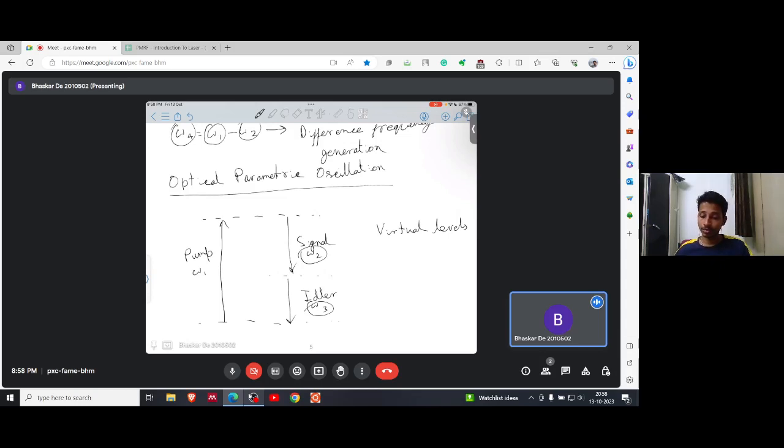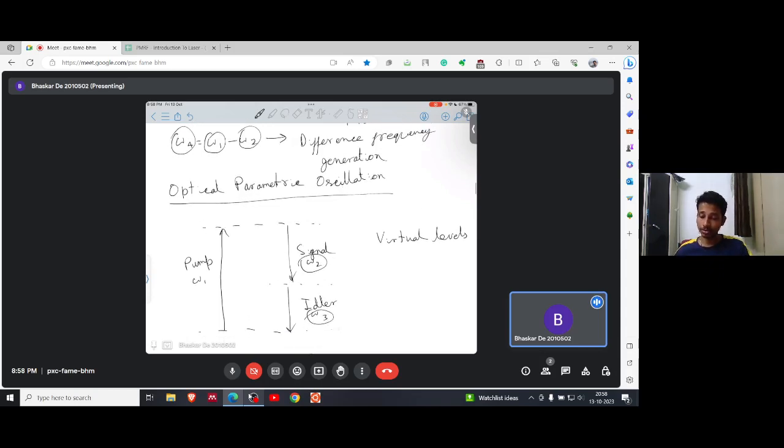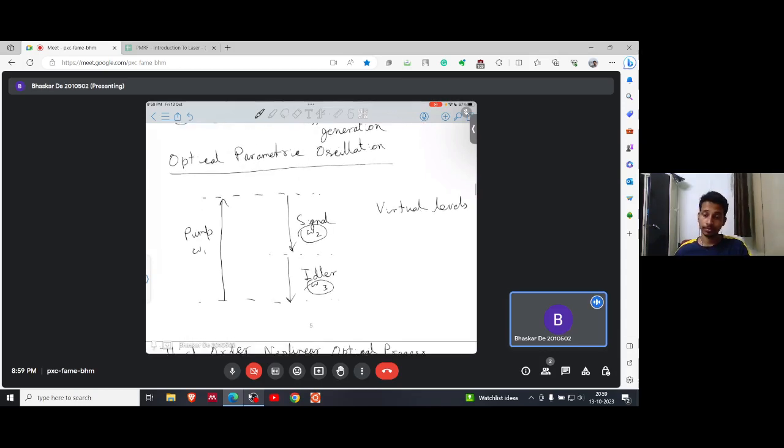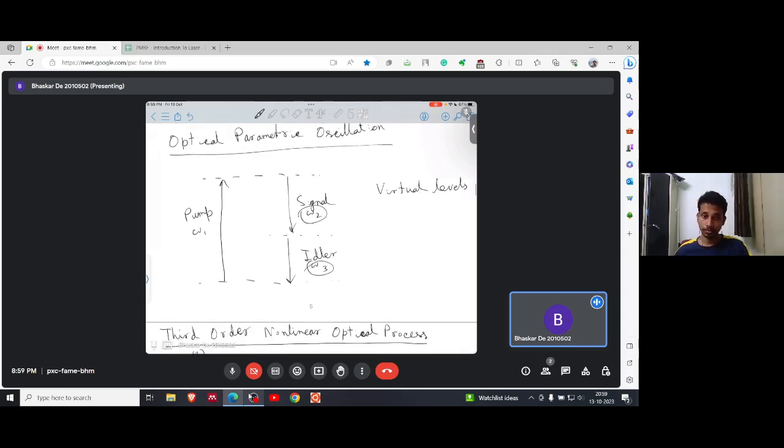Then we have optical parametric oscillation, where we have a beam of frequency omega 1, and then we generate a signal of frequency omega 2 and an idler of omega 3.